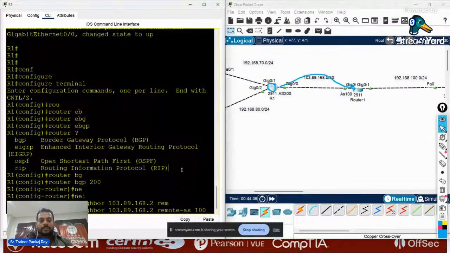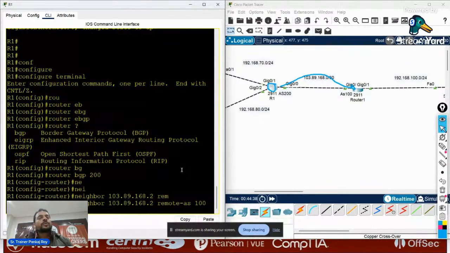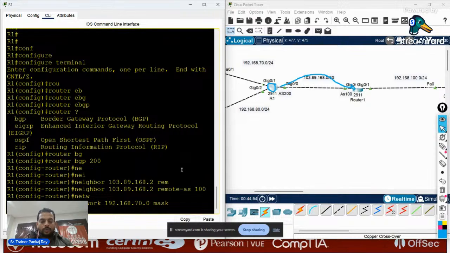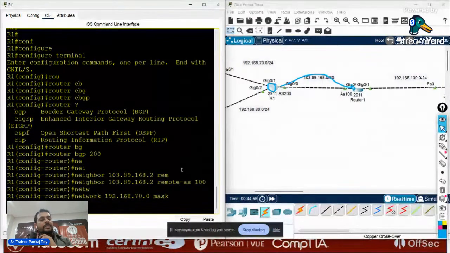After you configure that, for what you want to advertise as a network prefix, just give the network ID, so 70.0 and mask 255.255.255.0. Look at that, this traffic is advertised from AS number 100.